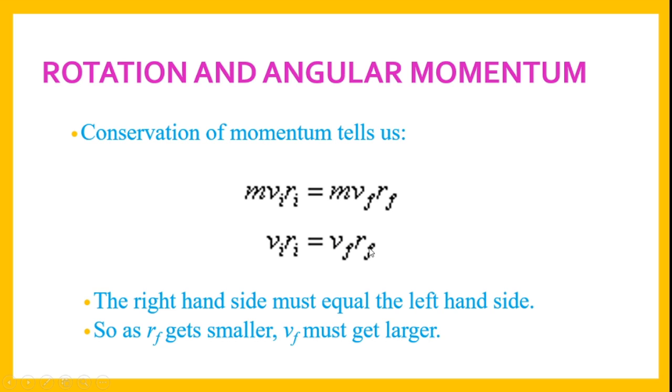That means as the radius keeps on decreasing, the velocity of the marble keeps increasing. So even if one of the quantities increases, the other one decreases, so that the product remains constant always.